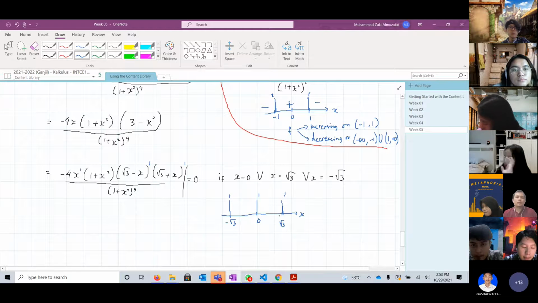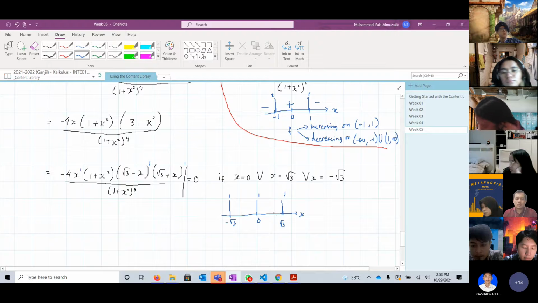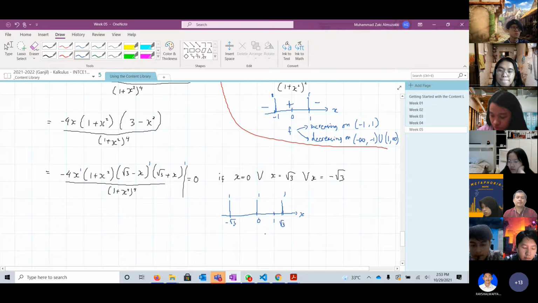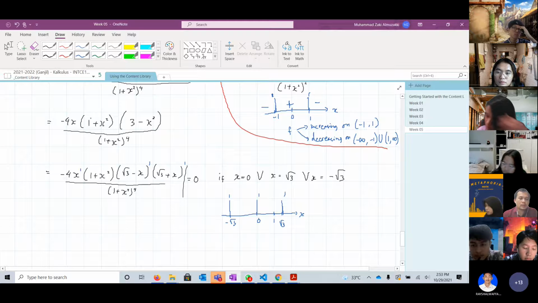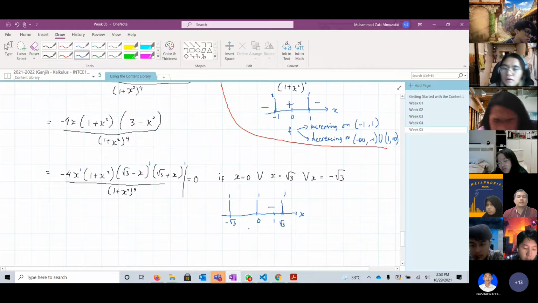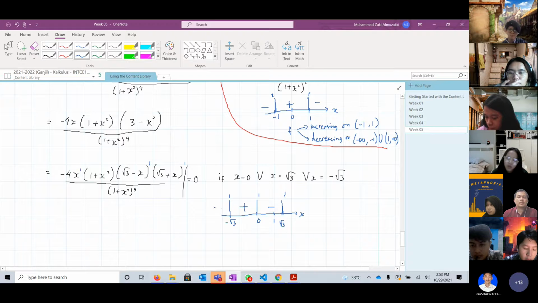So in this case we can try to substitute 1, because 1 is somewhere here. So let's substitute 1 into this equation, it is easier. Minus 4 times 1 is minus, times positive still minus, times positive still minus, and the denominator is positive. So here is minus, then the rest is positive, minus, positive, like this. So we have that it is concave up.